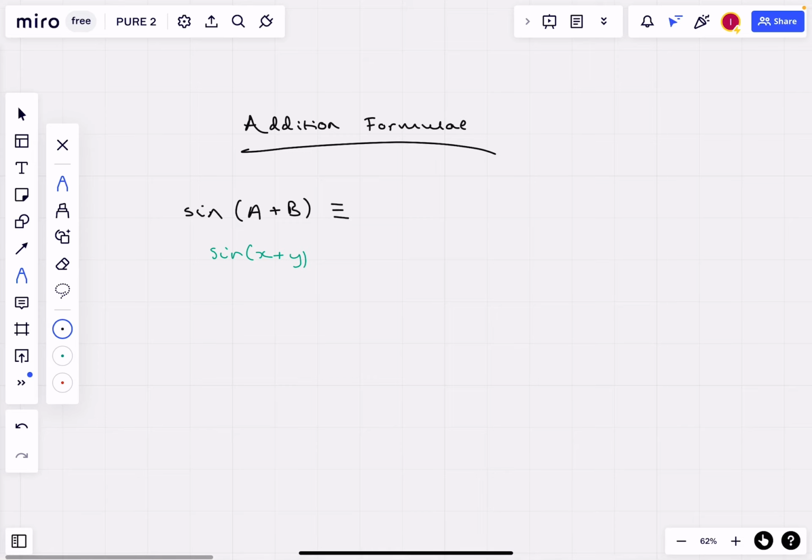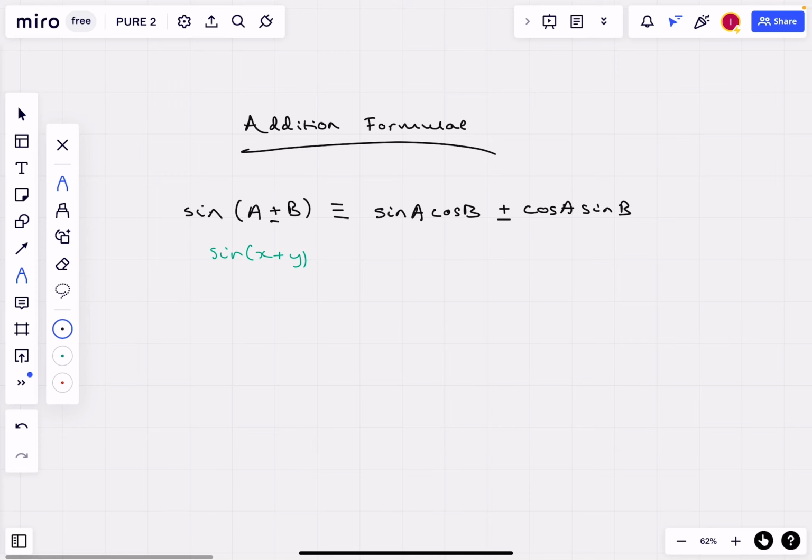So with this, your expansion essentially will be sine A cos B plus cos A sine B. The plus minus will look like this. So when the sign inside the bracket is negative, the sign outside the bracket on the right hand side will also be negative.